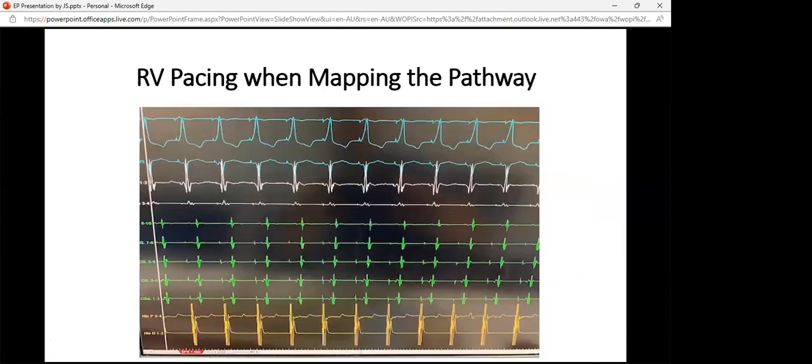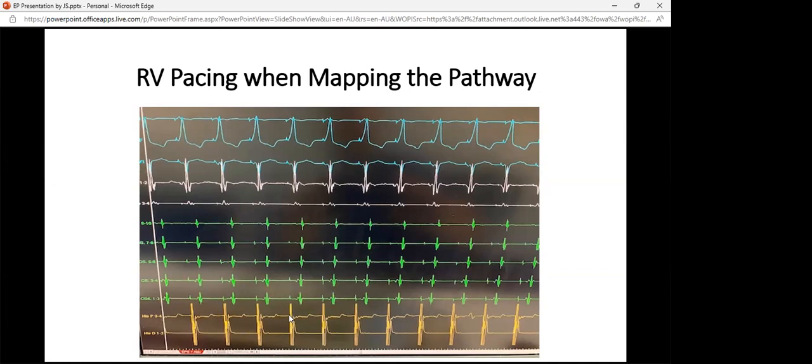So then what we did is we put in a mapping catheter, an ablation catheter, which is depicted here in these white signals. Okay, this is now our ablation catheter. Now the ablation catheter is what delivers the radio frequency energy to hopefully eliminate and burn this pathway. And we chose to pace the right ventricle.